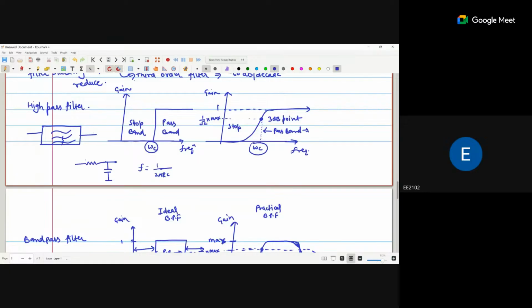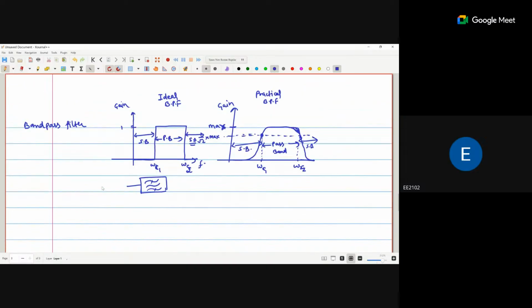Whereas in the case of band pass filter or band stop filter, you require two different frequencies. That means you require two RC combinations. With the help of R1 C1, you will get F1, which is equal to 1 upon 2 pi R1 C1.